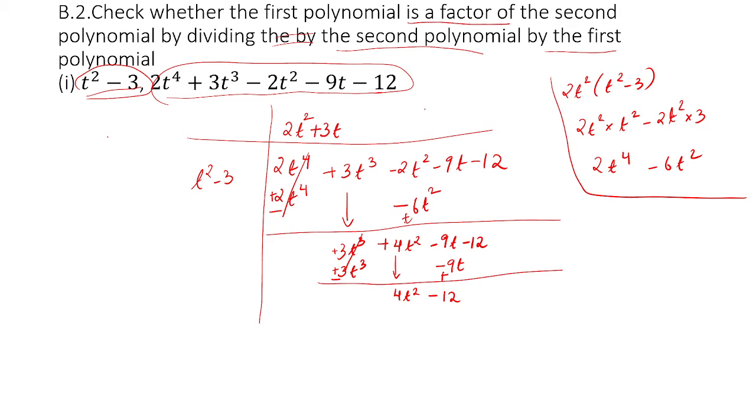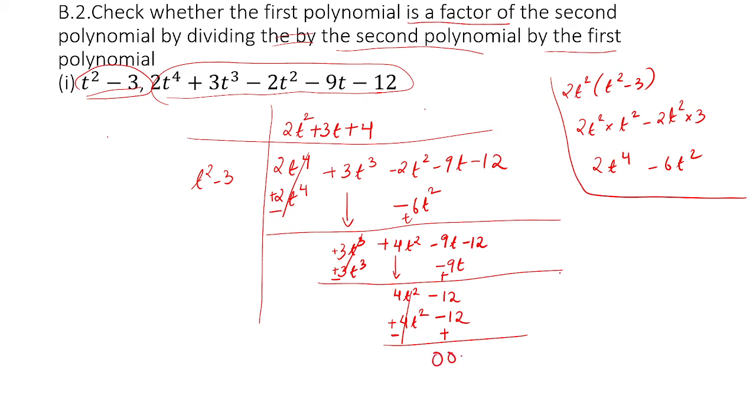Now what should you multiply t square with in order to get 4t square? You should multiply it with 4, right? Because t square into 4 becomes 4t square, and minus 3 into 4 becomes minus 12. This is a plus, so it becomes minus; this is minus, so it becomes plus. So 4t square minus 4t square is 0, and minus 12 plus 12 is 0.